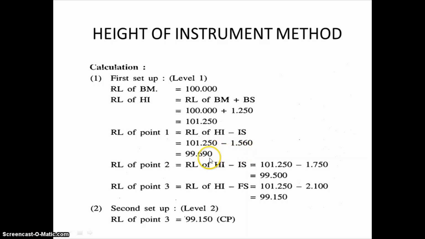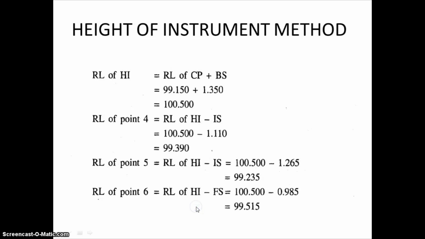I have already explained all these things. So this calculation is given for your reference, RL of point 2. Again, what you have to do? You deduct the IS value of that second station from RL of HI, you will get the RL of that particular point. Then in the same way RL of point 3. And once you change, you have to take the change point and again calculate the new height of instrument.